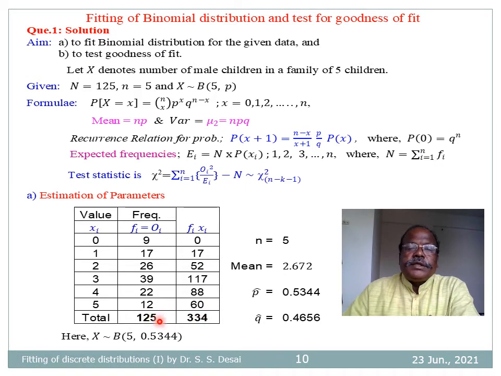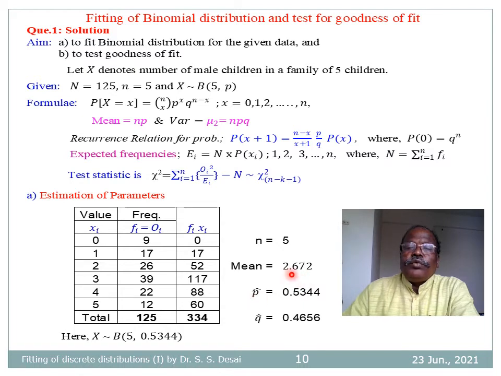From these sums, the mean is summation of fi xi, 334, divided by 120, that is equal to 2.672. So this is the mean. For binomial distribution, mean is np, and we know n is 5. So 5 into p equals 2.672.